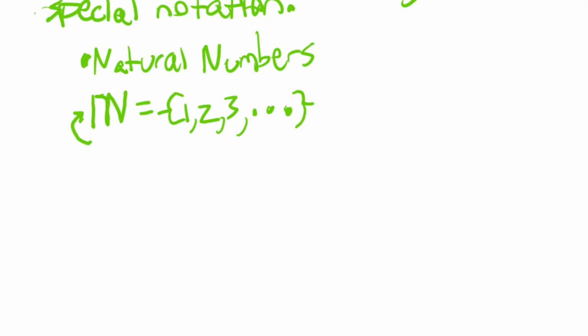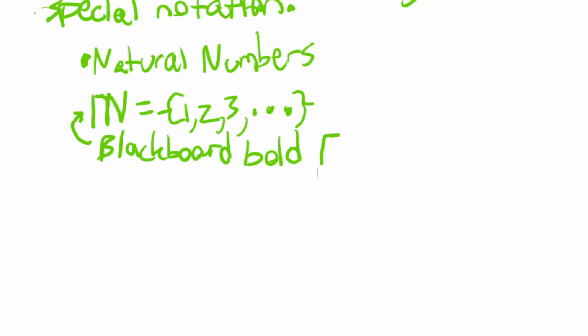This type of writing font is called blackboard bold. Because if you were to look in most textbooks, you would see a bold N to represent natural numbers, and the same will be said for these other special sets that we'll look over. But to make things simpler, we'll just write it with a little additional line or slash through it, just to make writing easier.